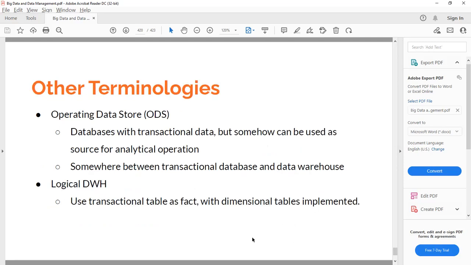There are some other terms you may hear of. One is the ODS, or operating data store. An operating data store is actually a database with transactional data, but these transactional data are different from the sales transaction data we are talking about.